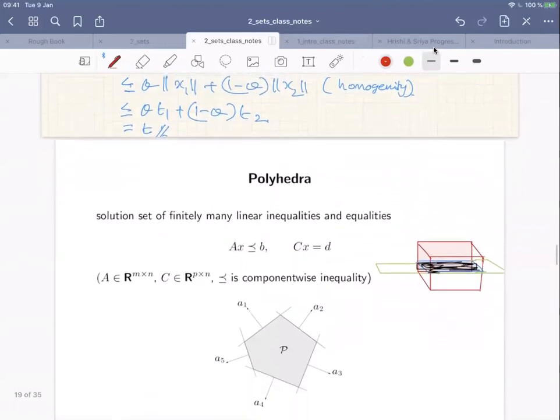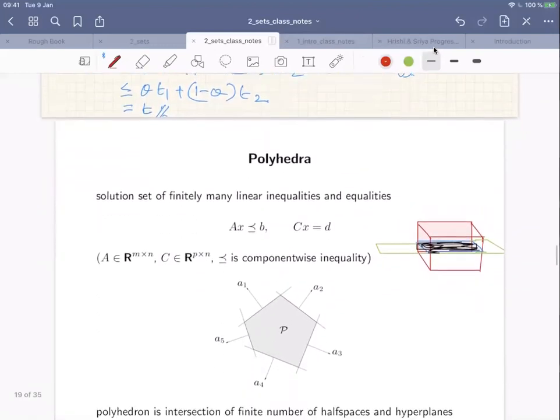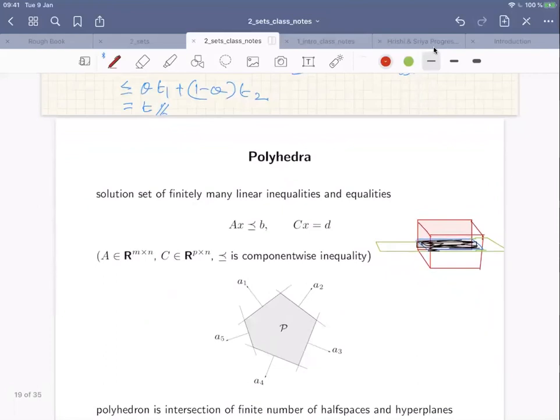Okay, so the next topic is polyhedra. What is a polyhedron? It's a solution set of finitely many linear inequalities and equalities. So we have some inequalities here and equalities here. We already saw that this sort of inequality represents a half space, and this is a hyperplane, right?